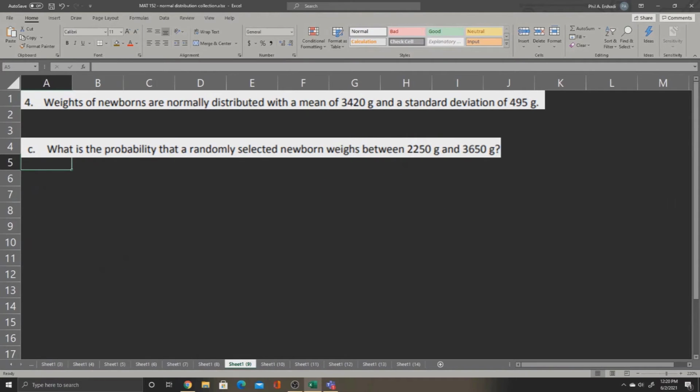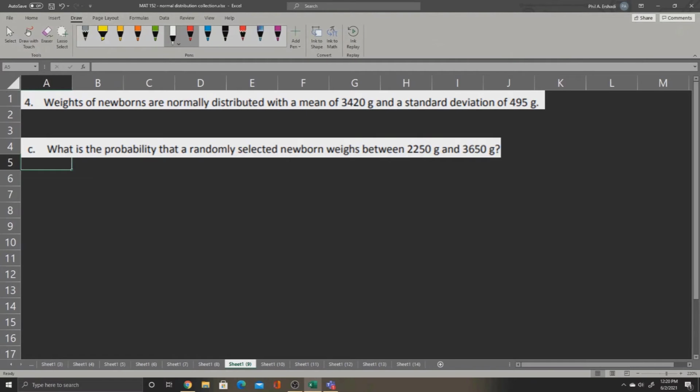In the next problem, we still have a mean and standard deviation given to us, but now we are also given two x values. If we have two x values, we can find the p less for both of them. And once we find those, we can subtract the higher minus the lower.